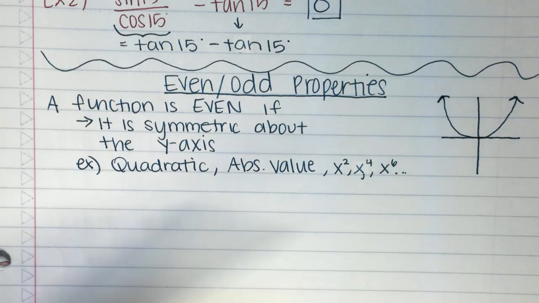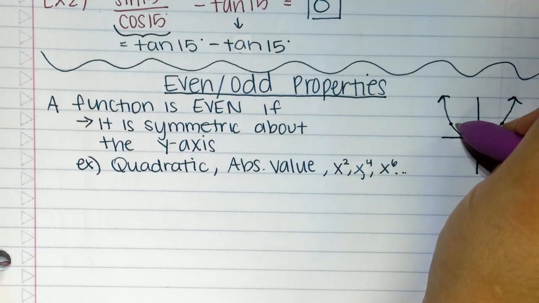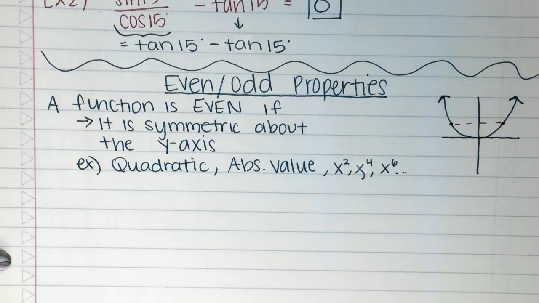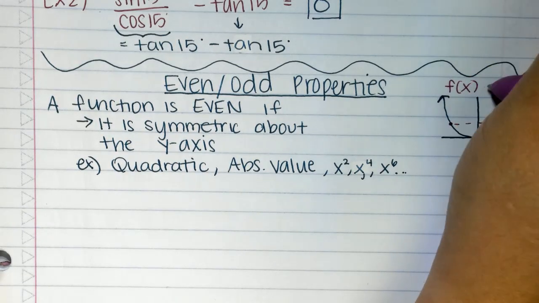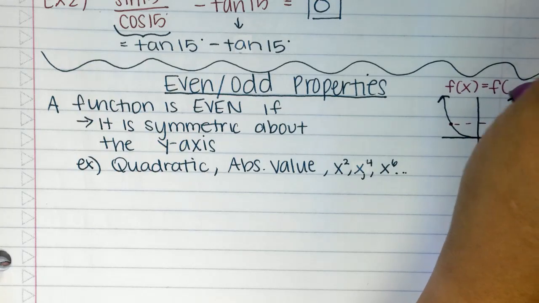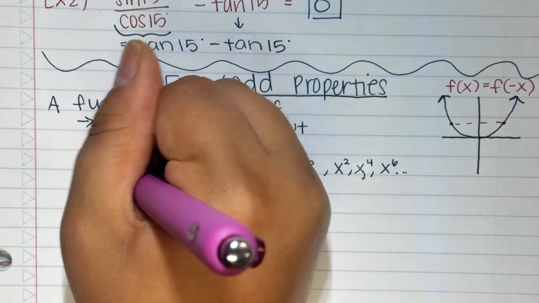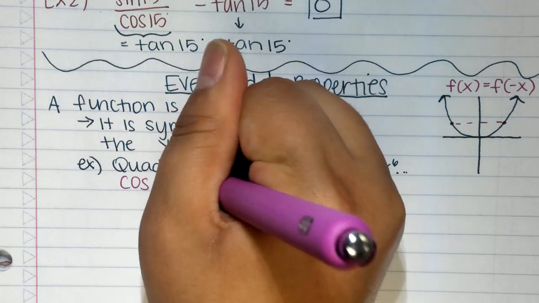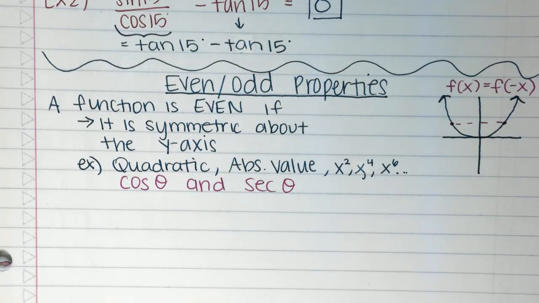What it means to be even is that it does not matter if you have a positive or a negative x. Do you agree they have the same y? That's what it means to be even. f of x is the same thing as f of negative x. Cosine of theta and secant of theta are both even.